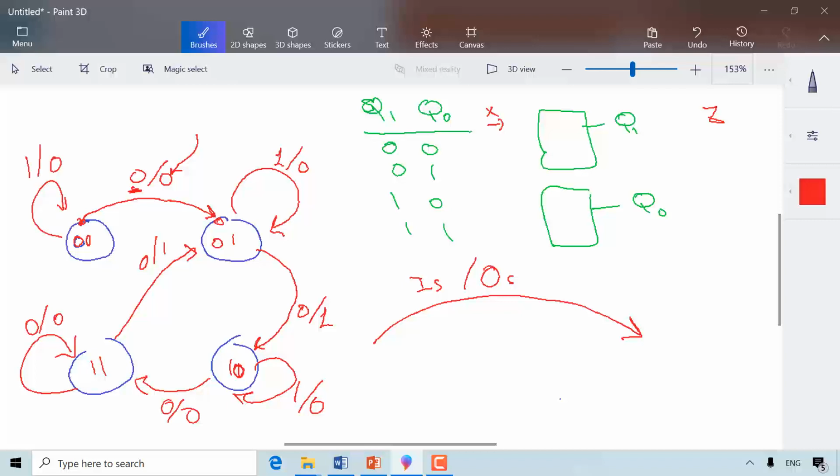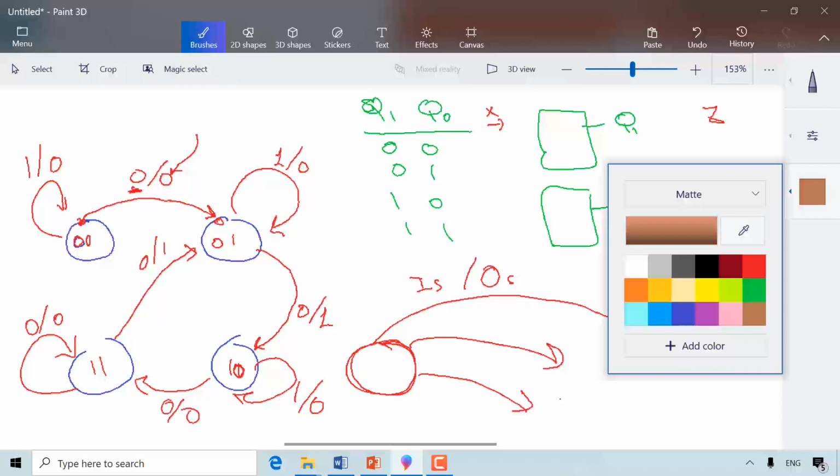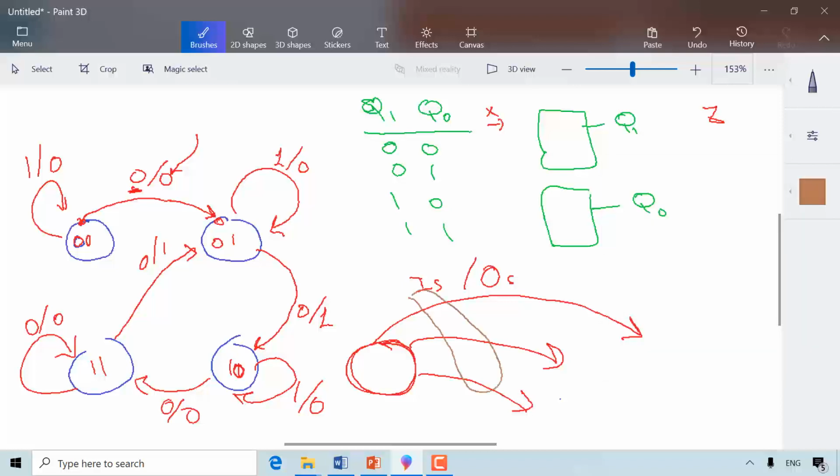Now, notice that every state has arcs coming from it. So how many arcs come from every state? Two? One? Well, it depends on how many input combinations you have.